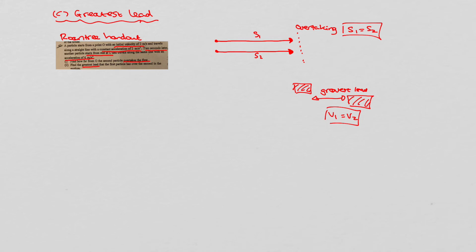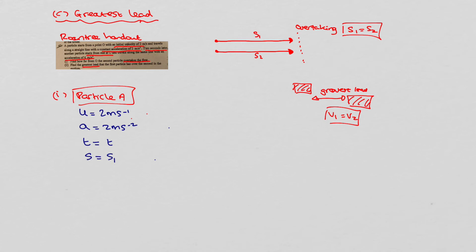Okay, so let's look at part 1, and we have a particle and another particle. So we're just going to say particle A and particle B. So we're going to set up our equations for particle A. In particle A, we know its initial velocity is 2 meters per second. We know it has an acceleration of 2 meters per second squared. It starts at a given time, and the distance it travels we're going to call S1.